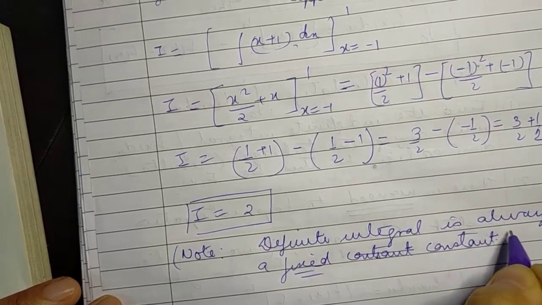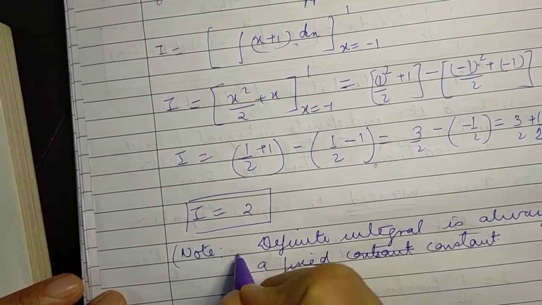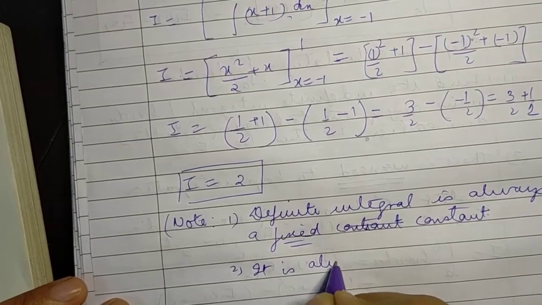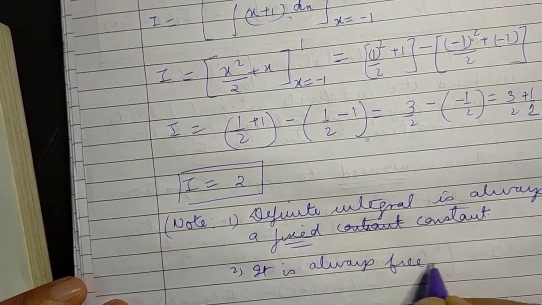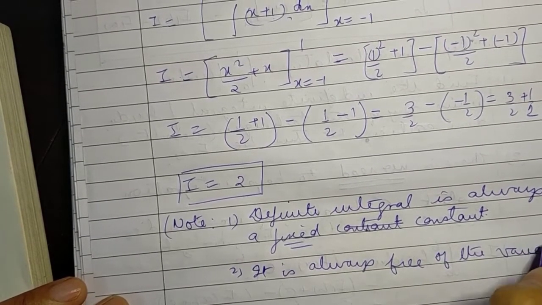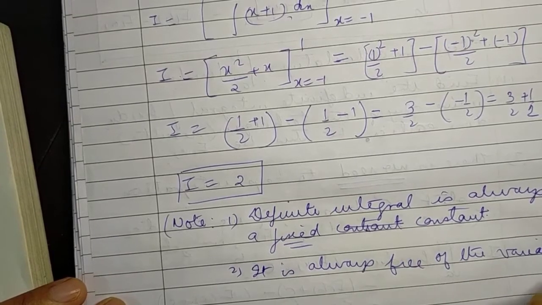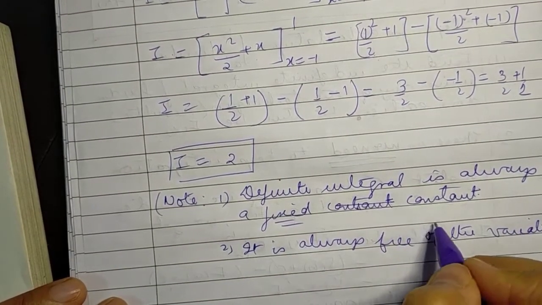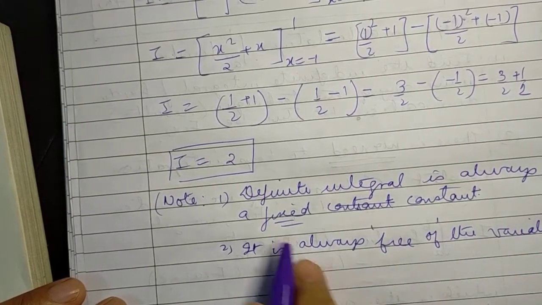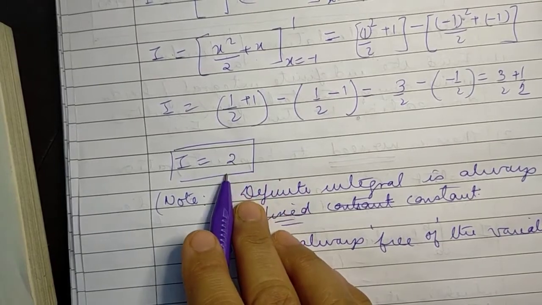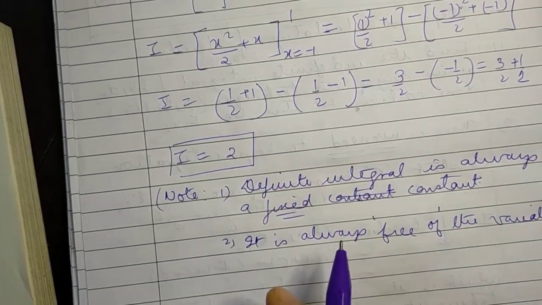And the second point is that it is always free of the variable x. So you will never have any term involving x in the value of the definite integral. So it will always be a constant.